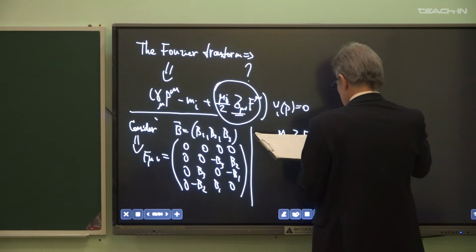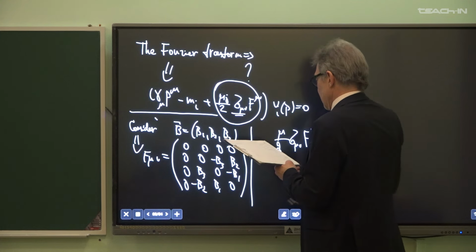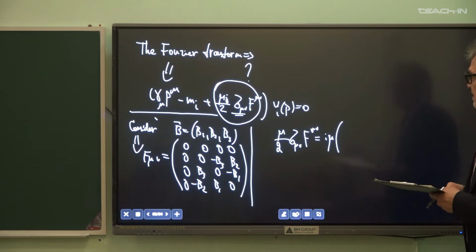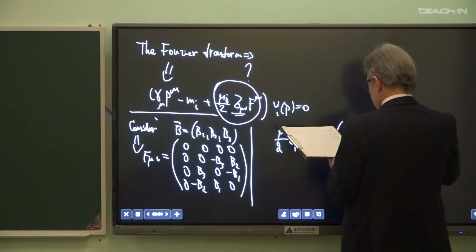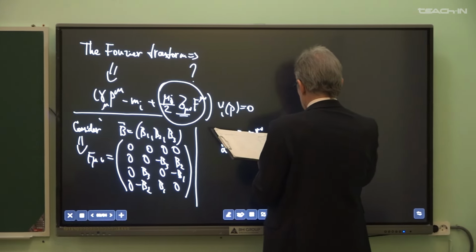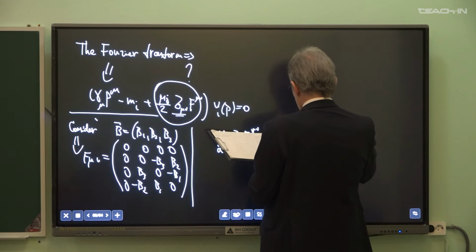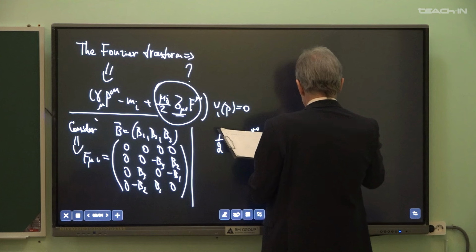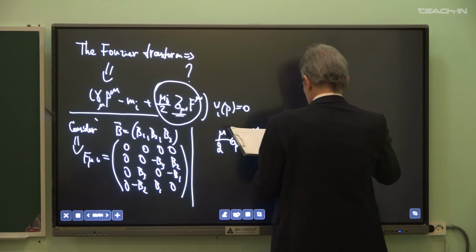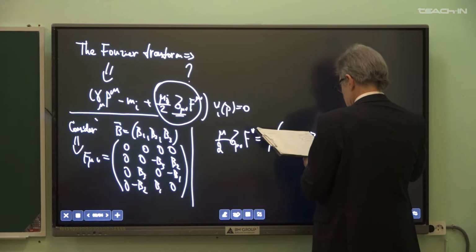And here I use the exact form of this tensor for our particular case. This is sigma 21 b3 plus sigma 13 b2 plus sigma 32 b1.